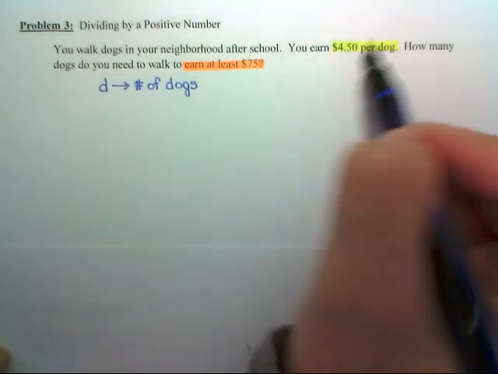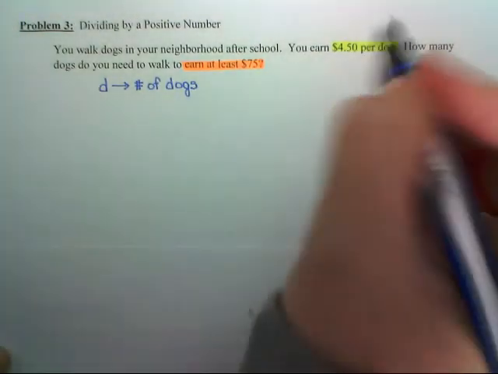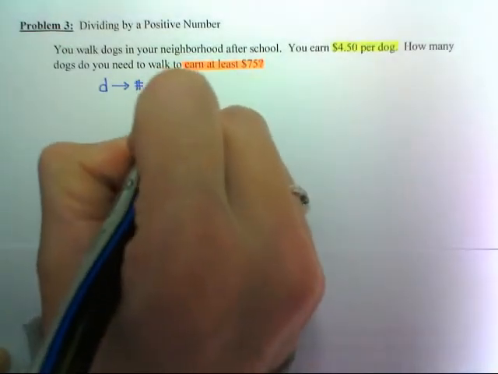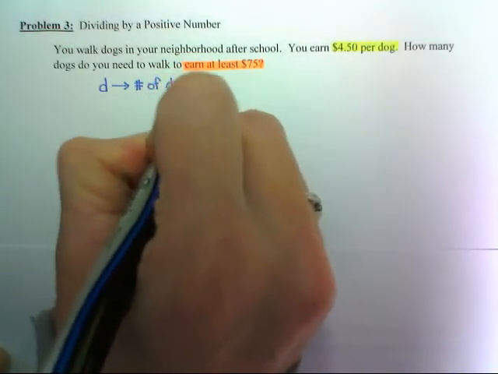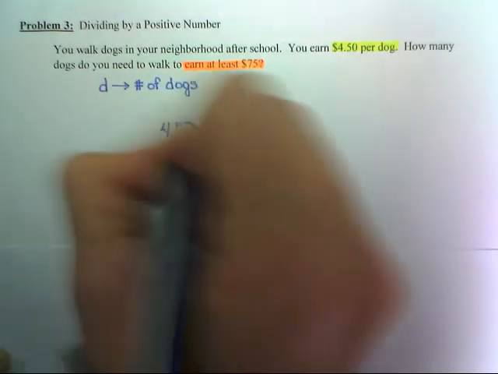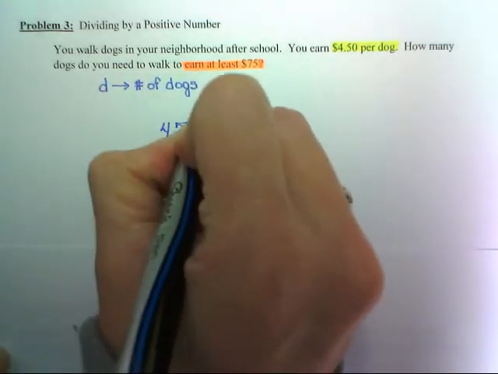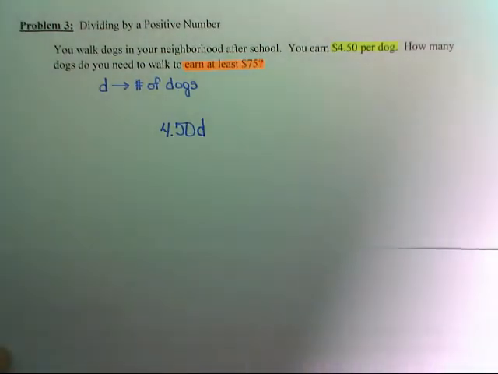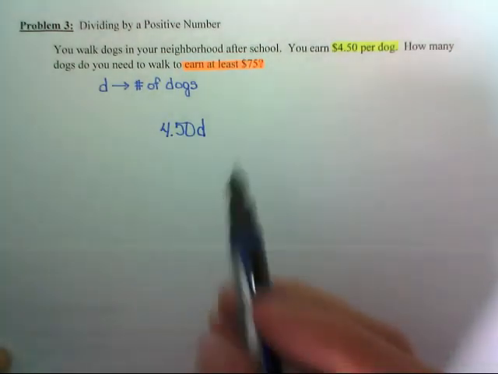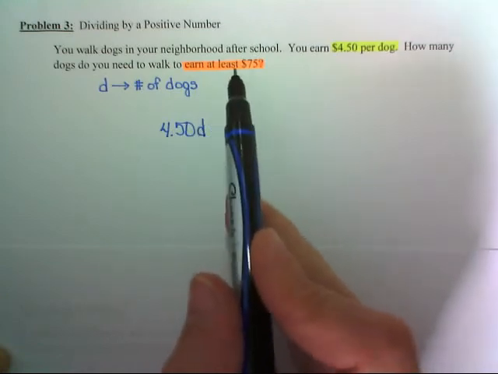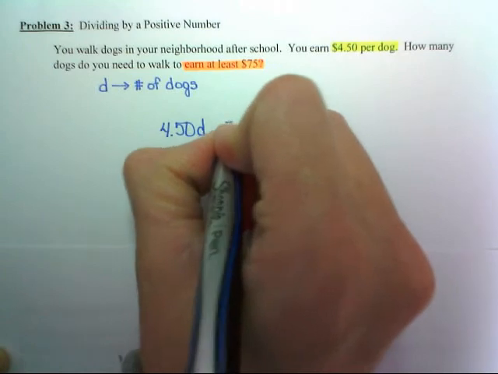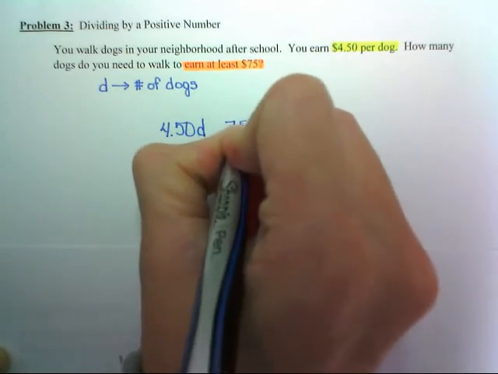Okay, so let's set up just what I have highlighted in yellow here, $4.50 per dog. Well, dog is D, so $4.50 times D, 4.50D. Now, you want to earn at least, and we just talked about this. We know it's going to be 75. We have to figure out our inequality symbol.